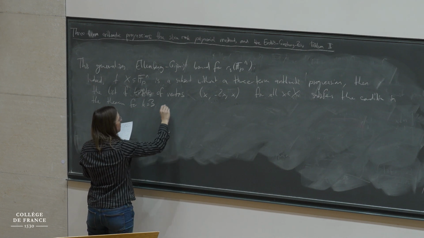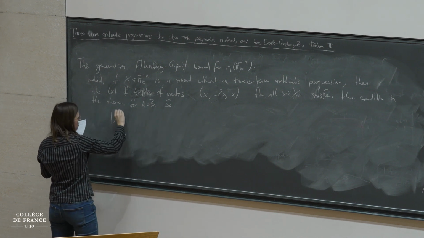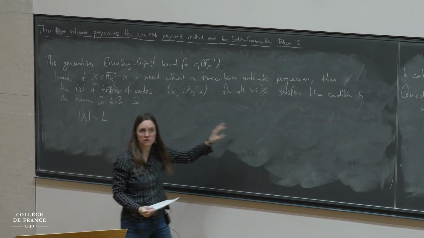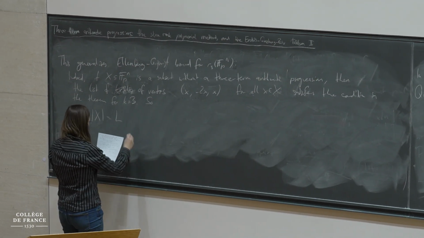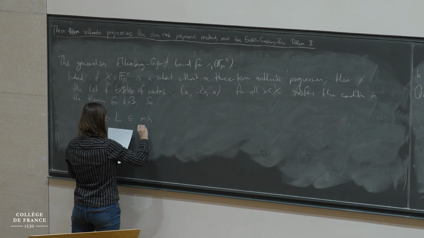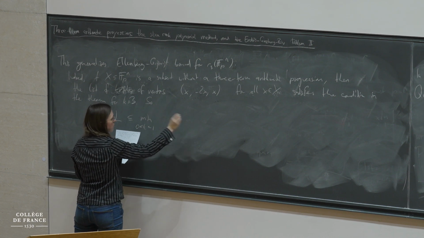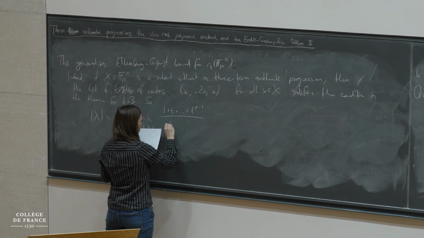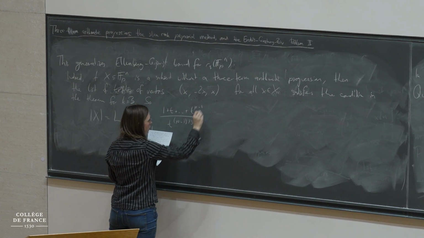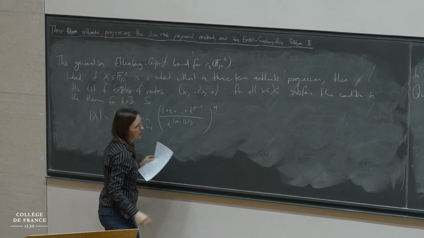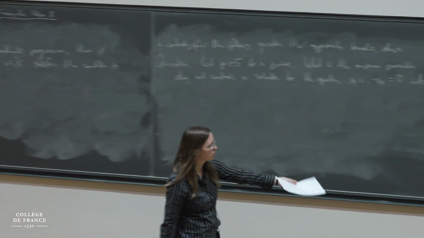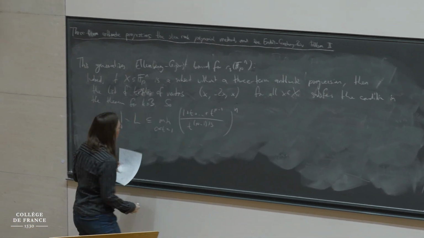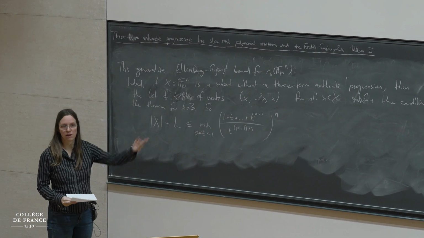And so that means that the size of X, which is now the length of this list, is at most the term that's written there: (1 plus t plus and so on, plus t to the p minus 1, divided by t to the (p minus 1)/3) to the n. Remember now that k there is 3. So we get that bound. Indeed, we recover the Ellenberg and Gijswijt bound for R3 of F_p to the n from that theorem.